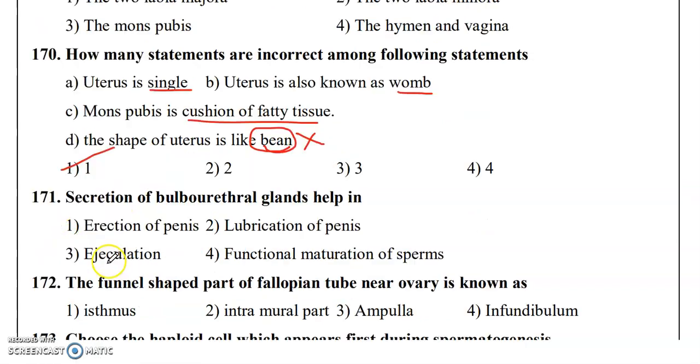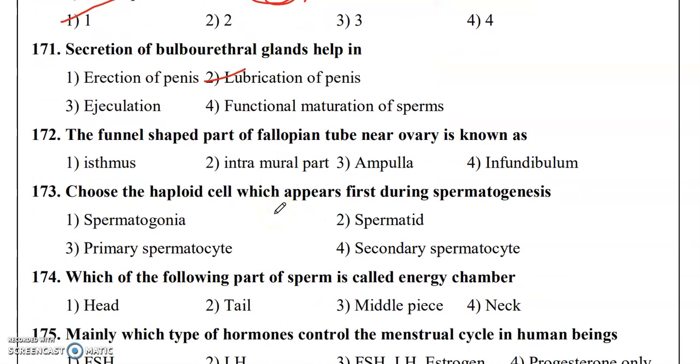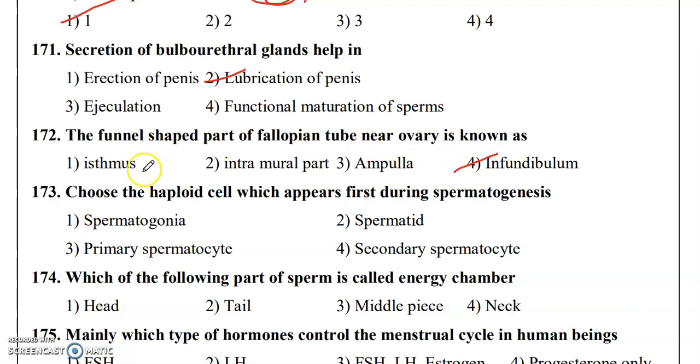Next, 171. Secretion of bulbourethral glands helps in lubrication of the penis. It was given in 2020 NEET also. The funnel shaped part of the fallopian tube near the ovary is called the infundibulum.